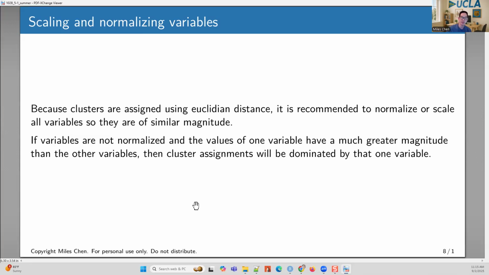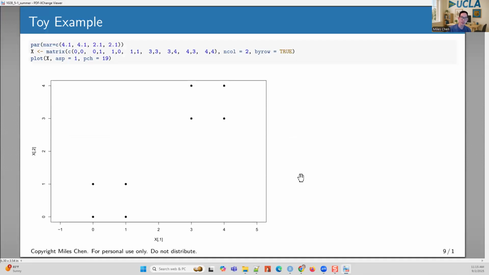So if variables aren't normalized, then the variables with a much greater magnitude will have a bigger impact. Here's a toy example where I start off with 8 data points, and we are going to search for 2 clusters. Just visually looking at this, our brains can identify a cluster up here and a cluster down here, and we can see that very readily.